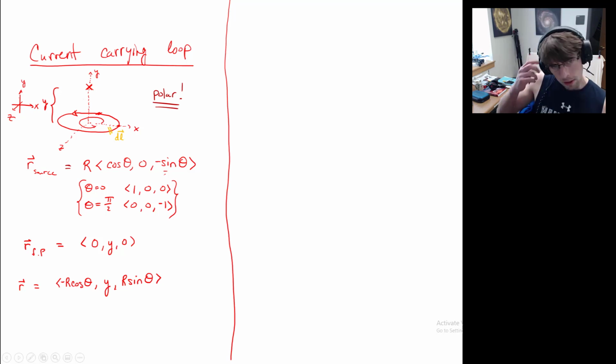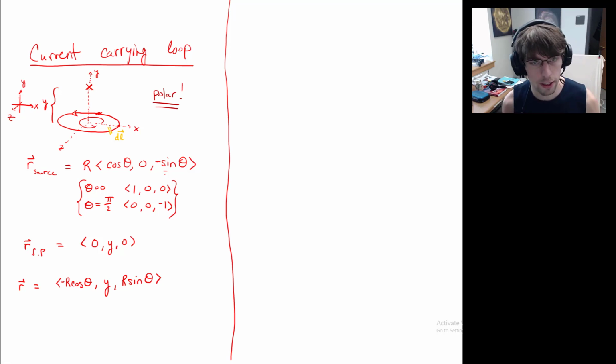Cool. Well, while we're at it, we're going to have to figure out the vector for dl. Right? We're going to need that dl vector in order to perform the cross product.